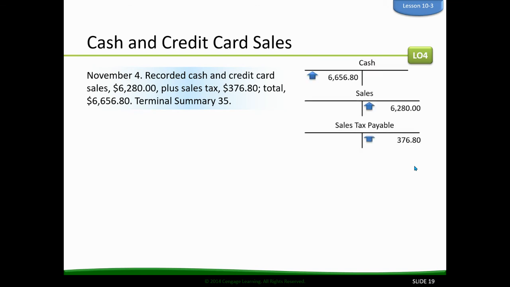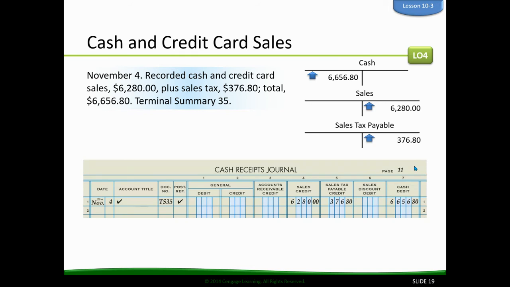So we're going to put that transaction in the cash receipts journal. Here it is. We have our date. And see this check mark here? The reason there's a check mark is because the three accounts that we're using all have their own columns. So these are going to be posted into these three columns, and we have no individual account. That's why there's a check mark. They use TS, so it's TS 35.